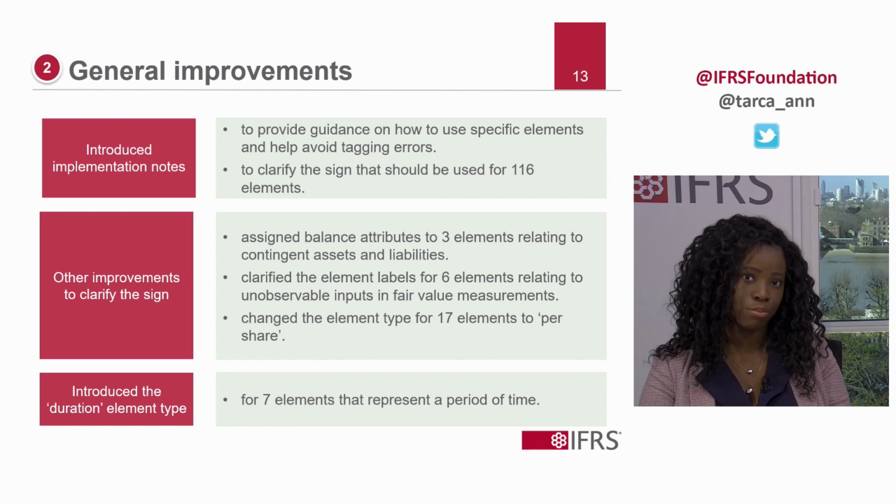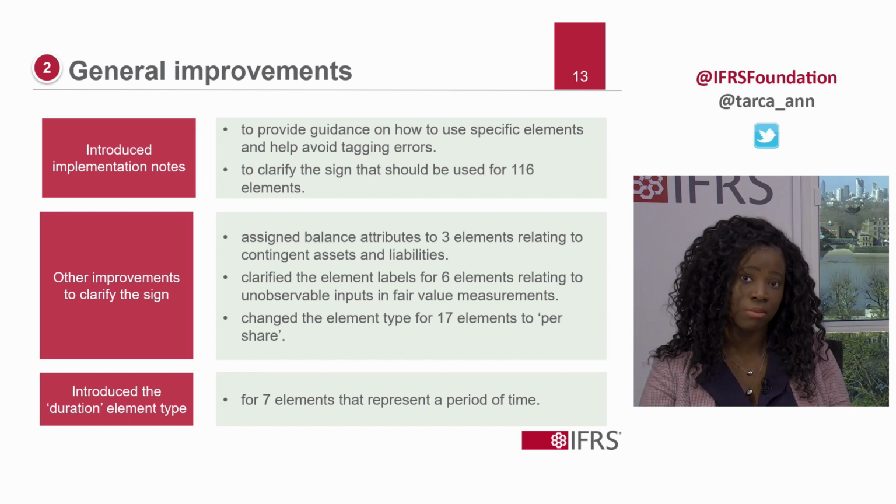The first set of improvements relate to the introduction of implementation notes that provide guidance on how to use specific elements. When tagging information, preparers need to ensure that the correct sign, that is positive or negative, is attributed to the element. Normally, the assigned balance attributes, which indicate whether the element is a debit or credit, as well as the element label, can be used to determine the correct sign.